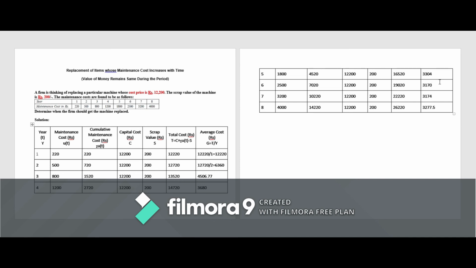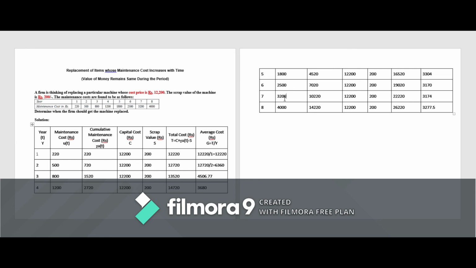Up to this sixth year, compare the maintenance cost and average cost. Up to the sixth year, the maintenance cost is less than the average cost. You can check it up to the sixth year. If we go to the seventh year, the maintenance cost is 3,200 rupees. So this is the transition situation. At the end of the sixth year, the average cost is 3,170, but in the seventh year, the maintenance cost is 3,200.